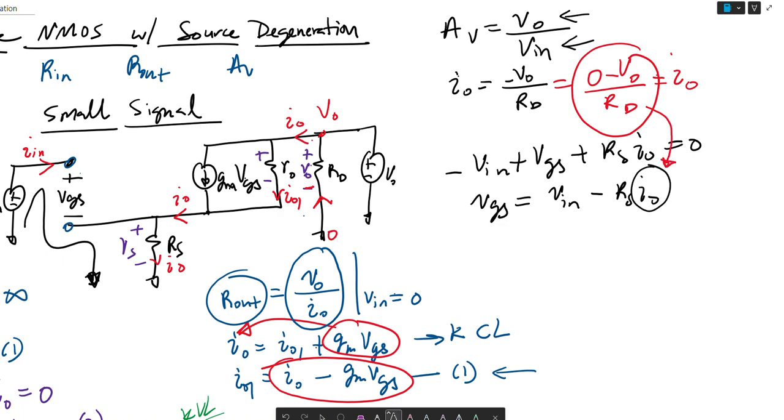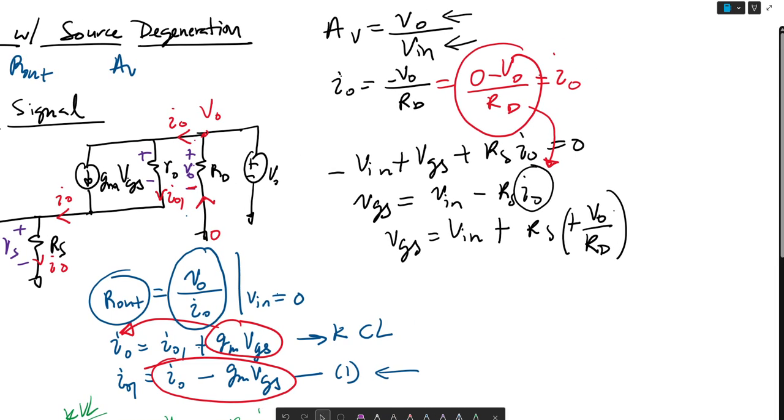And we're going to say that VGS is equal to VN minus RS times negative VO over RD. Again, this is a negative and a negative, so it's a plus. And let's consider this our second equation. This was actually our first equation up here.